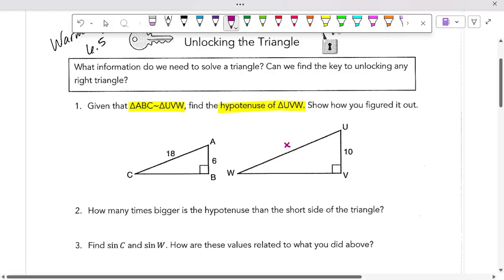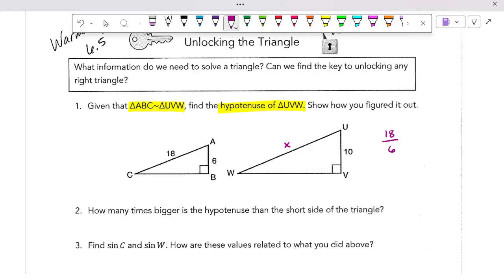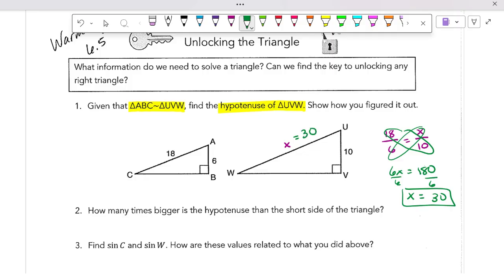How'd you set this up to solve it? Good. So you should have gotten 6x is equal to 180. And then what'd you get when you divide by 6? 30. Good. So in other words, since they were similar, remember that means the sides are proportional.